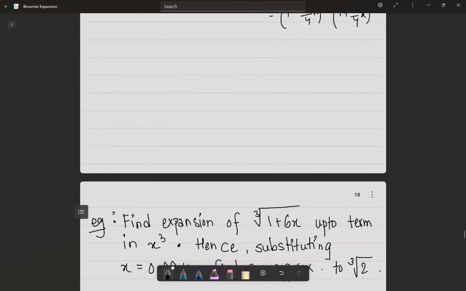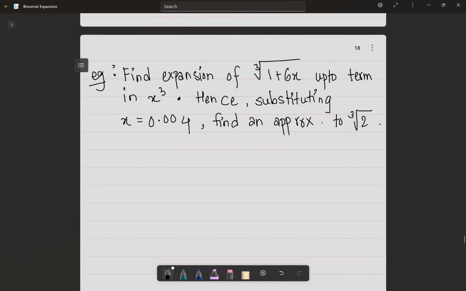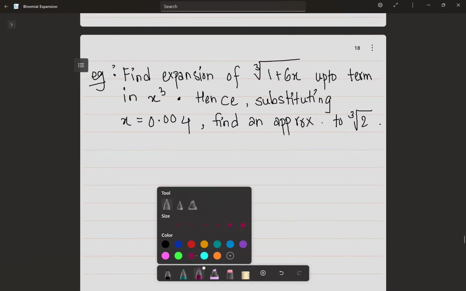In the next part of the question, this is the sum that we will be discussing, where we are asked to expand this up to the term in x cube. By now, it's an easy task for us. We can expand this up to x cube without any hesitation. I hope you can expand this on your own. I will just write the final result.